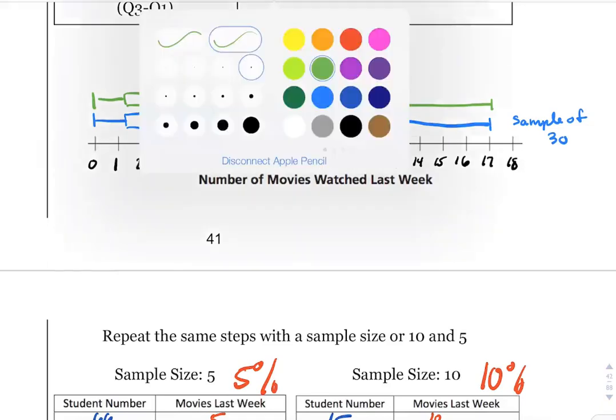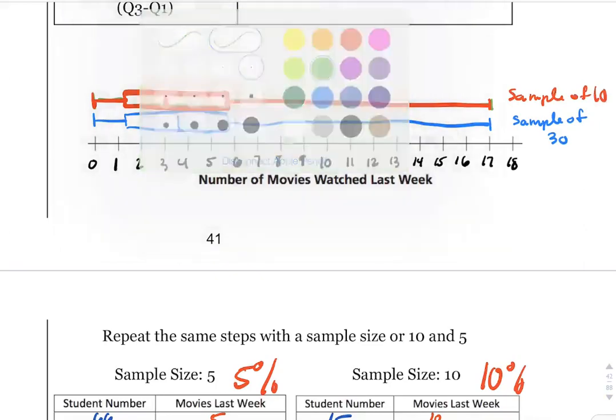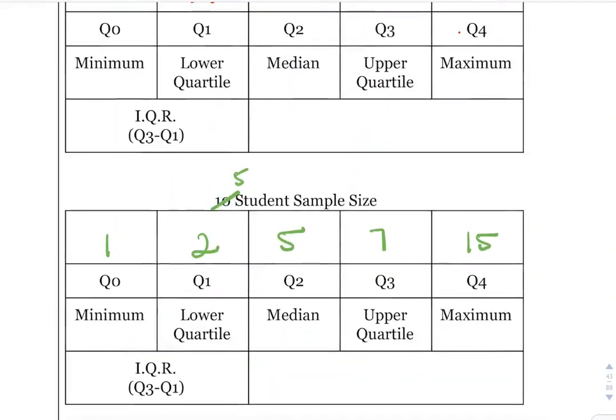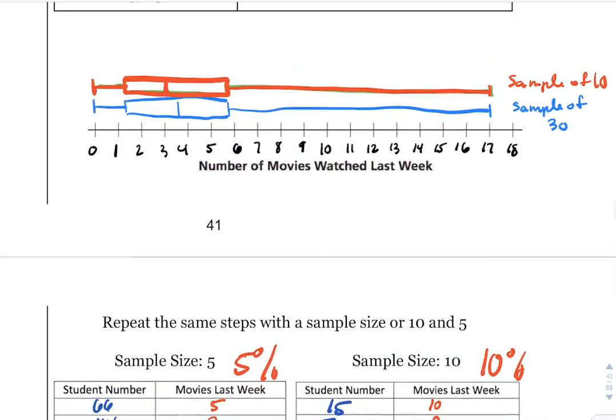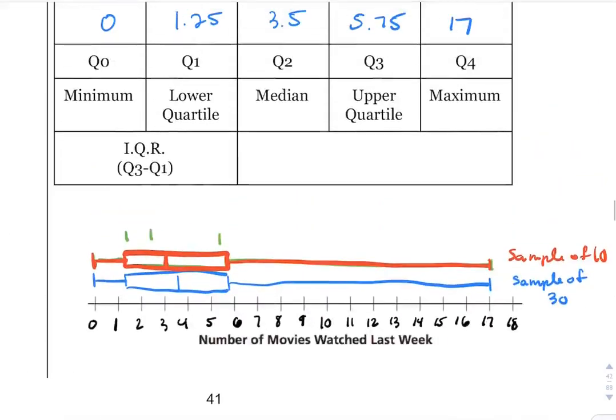Sorry, wrong color. Let's change the color. That should be red. This is sample of 10. And lastly, in green, my sample size of 5, 1, 2, 5, 7, and 15.